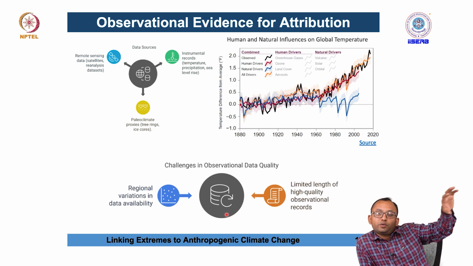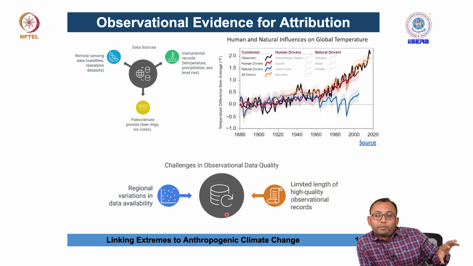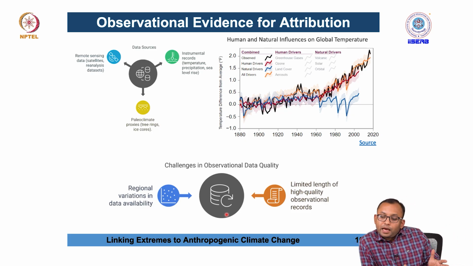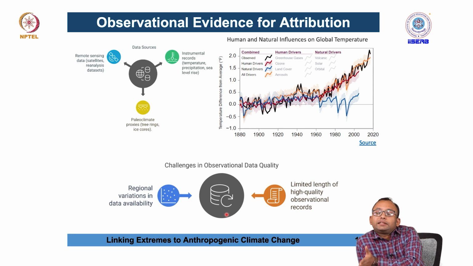So, let us say we can use the remote sensing data set, the paleoclimate data set, and the instrumental record to look at how the data has behaved historically, and what happens after 1960, 1970, 80 and so on: whether the human role becomes more significant, and whether there is any change in different parameters, for example observed greenhouse gases, ozone, land cover or aerosols.